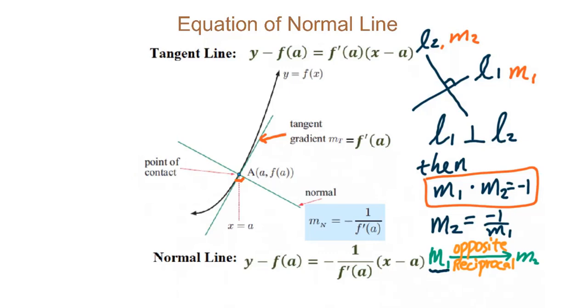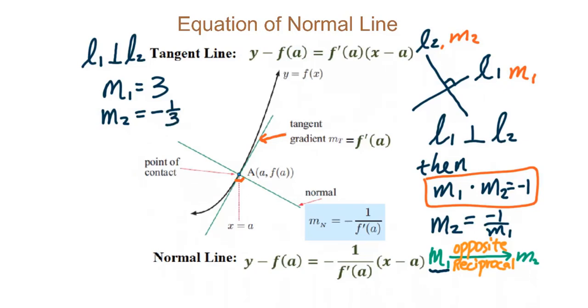For example, if I have M1 equals 3, and these two lines are perpendicular to each other, then your M2 will be -1 over 3. If M1 equals -2 over 7, then M2 will be 7 over 2.